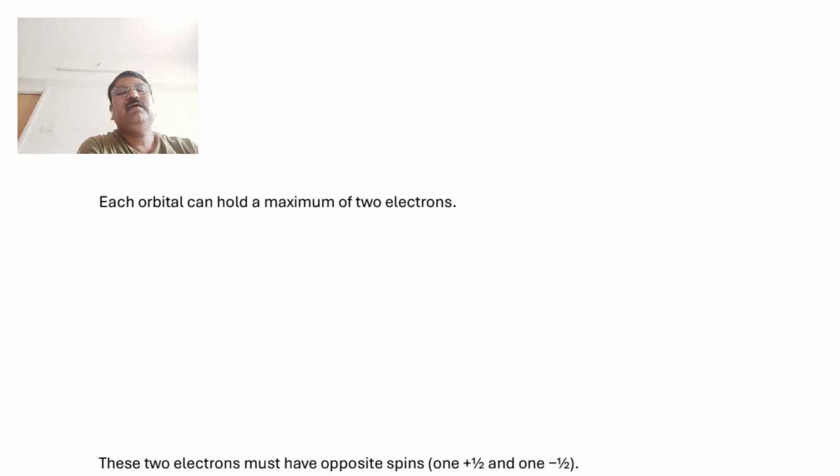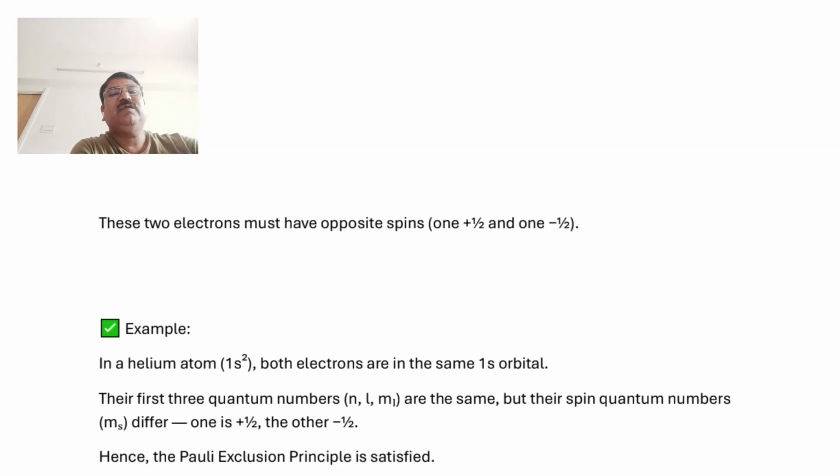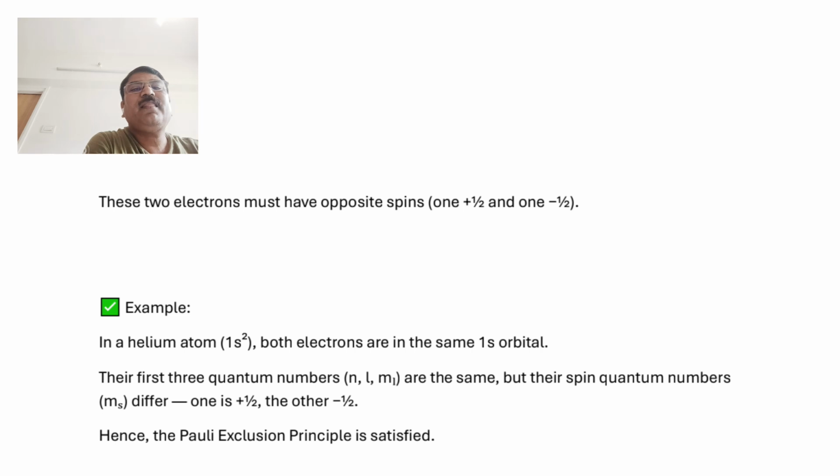Now each orbital can hold a maximum of 2 electrons. The s orbital has a capacity of 2 electrons, the p orbital has a capacity of 6 electrons, the d orbital has a capacity of 10 electrons, and the f orbital has a capacity of 14 electrons. Each orbital contains a minimum of 2 electrons, and these 2 electrons can be explained with the help of Pauli's exclusion principle.